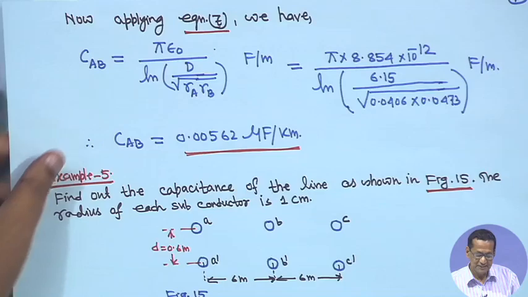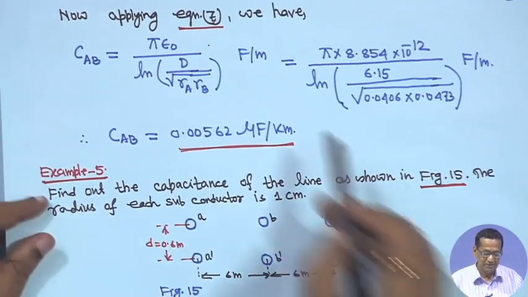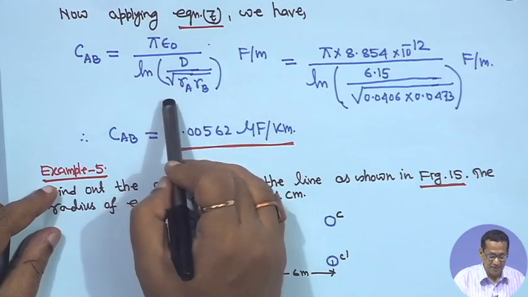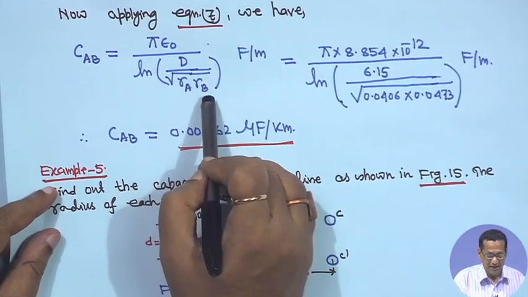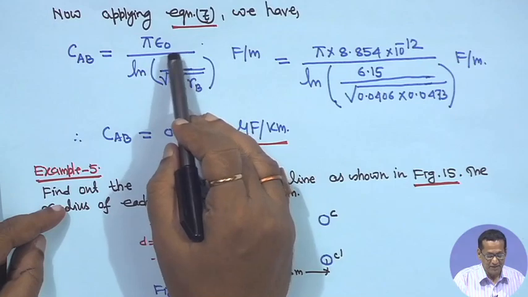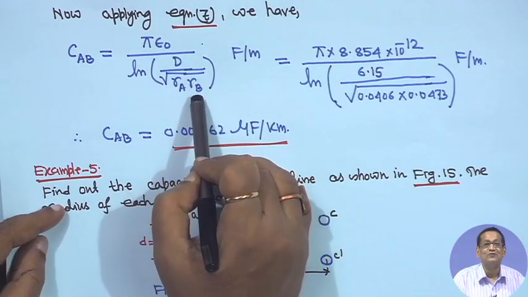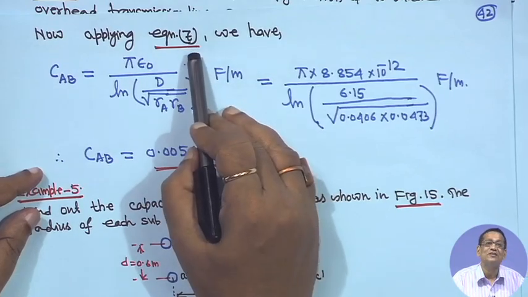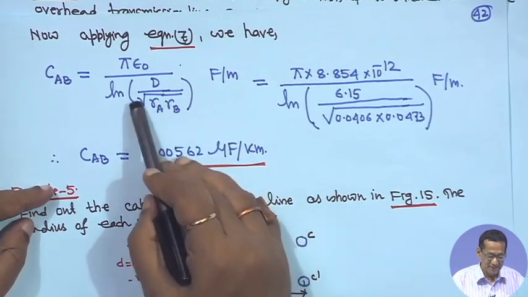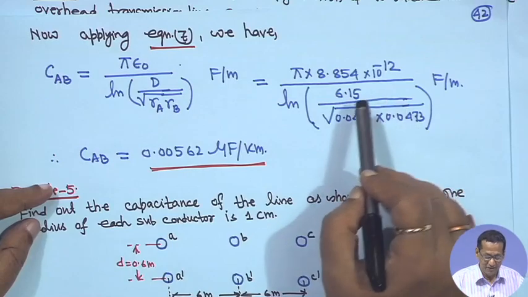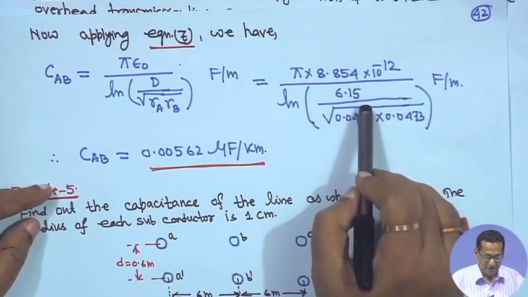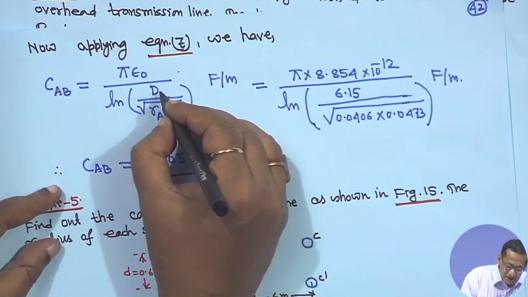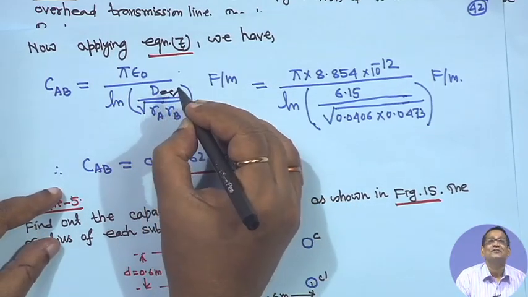Now applying equation 7, you have CAB is equal to pi epsilon 0 upon ln d over root over R A R B, farad per meter, if I recall correctly. You can go back to equation 7 and it will be taken like this. So substitute: instead of d I can make it DEQ.